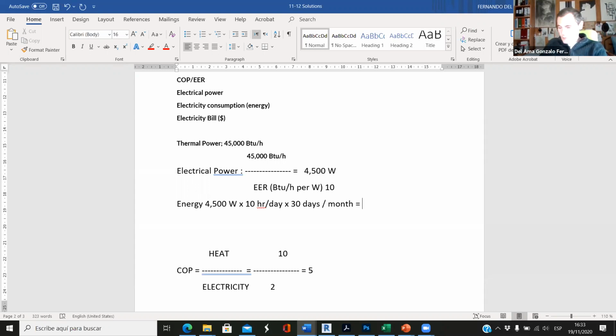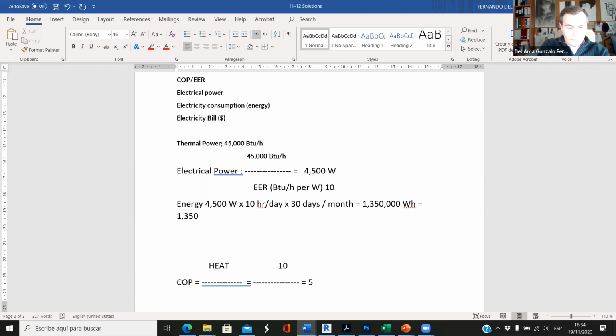It's 4,500 times 10 times 30, it's 1,350,000 watt hours. Watt hours, millions. That we don't know what million is, so it's easier to remember 1,350 kilowatt hours. Okay, so this is the unit that we pay for.